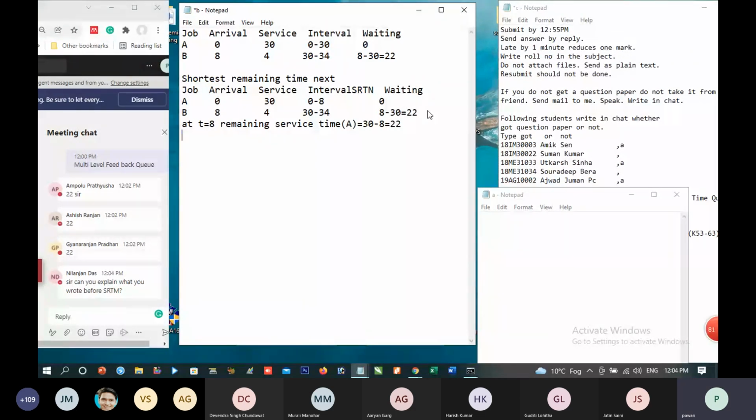What is the service time of the new job which has arrived? 8 is strictly lesser than 22. If it would have been greater than or equal to 22, then we would permit A to continue. So in that case, at 8, we shall preempt it.